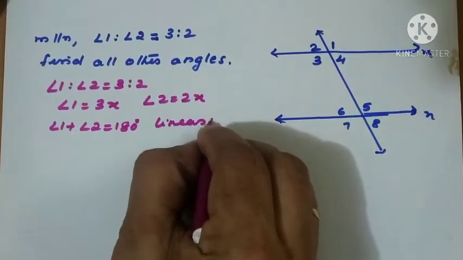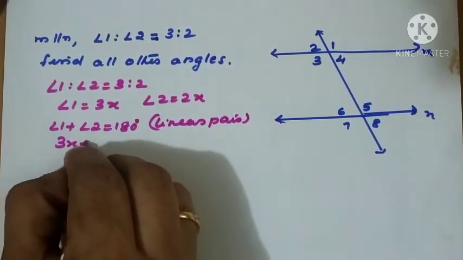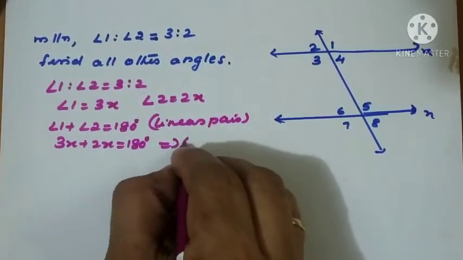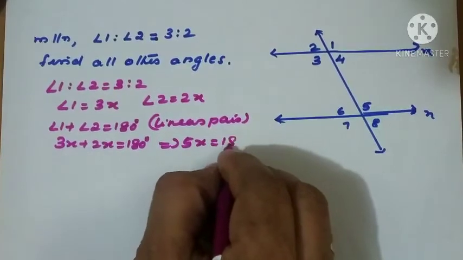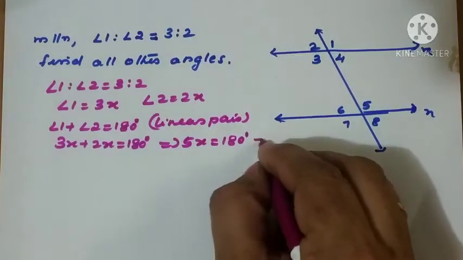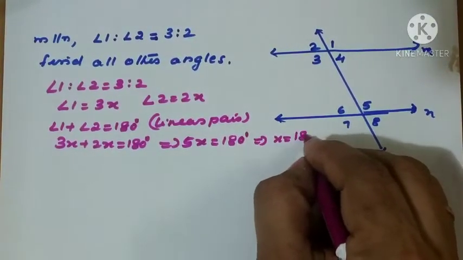Linear pair. That means 3x plus 2x equal to 180. 5x equal to 180 degree. X equal to 180 by 5.